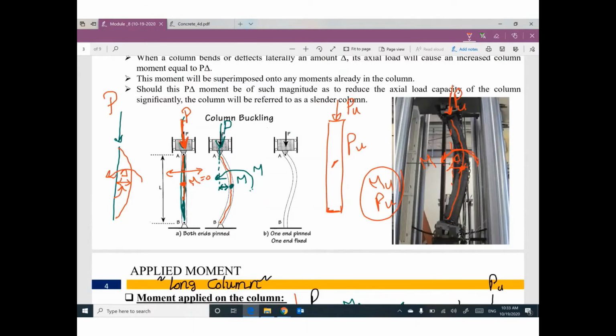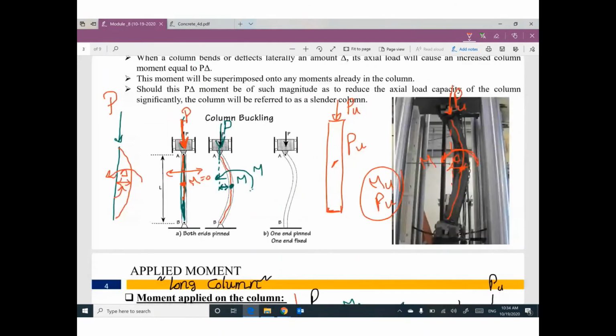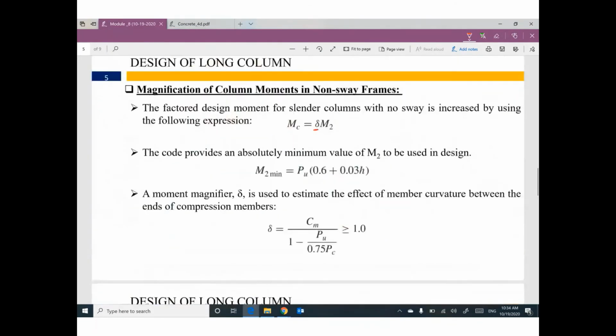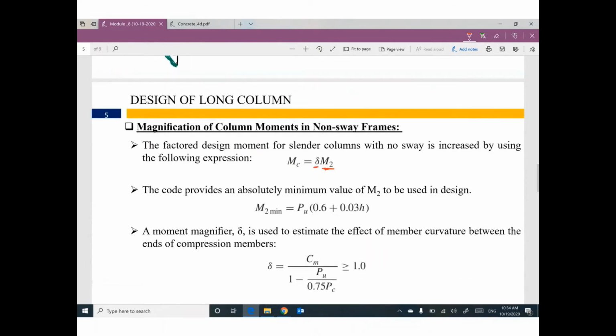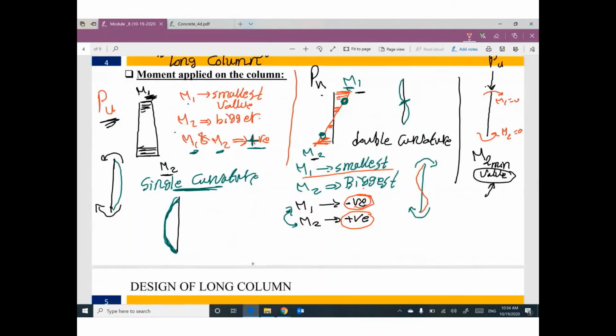So ACI said, okay, I will use M2 multiplied by delta. Which M2? What is the value of M2? Okay, go back here. Do you have a bending moment on the column like this? Yes, M2 will be the biggest value.